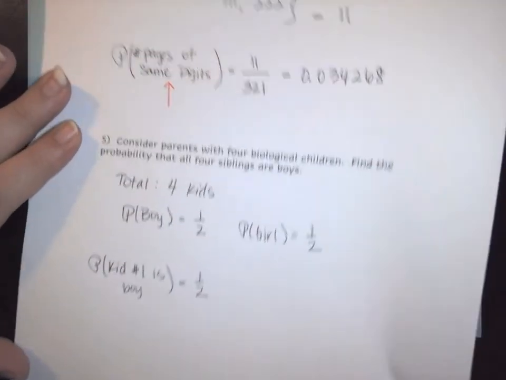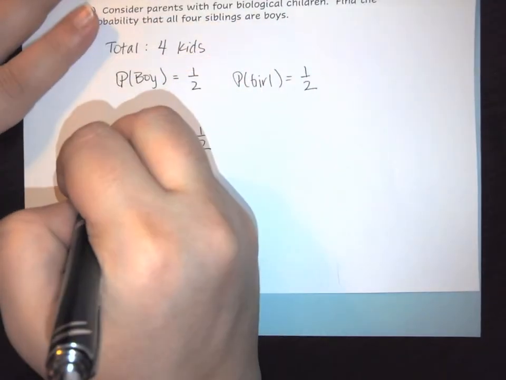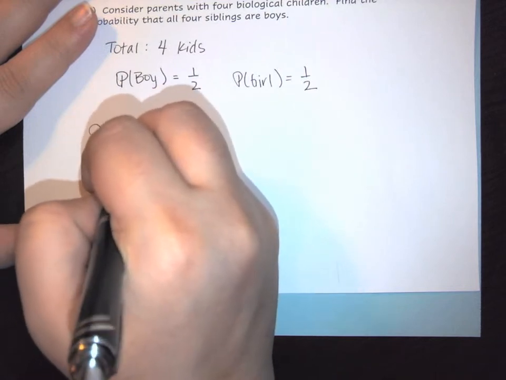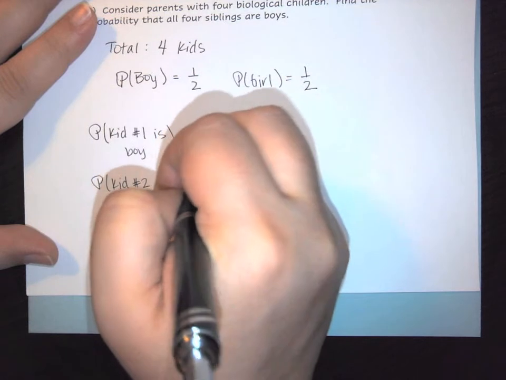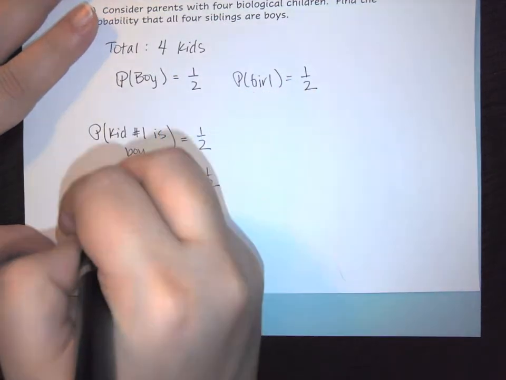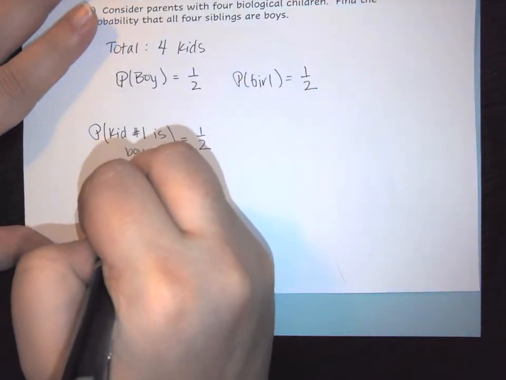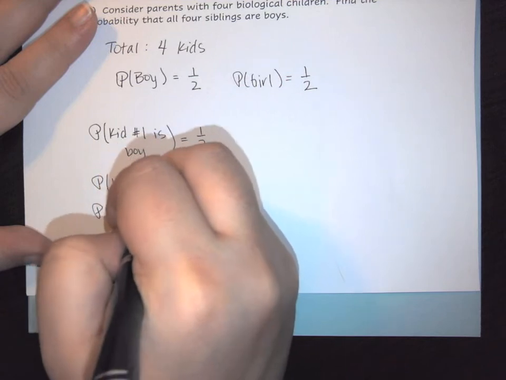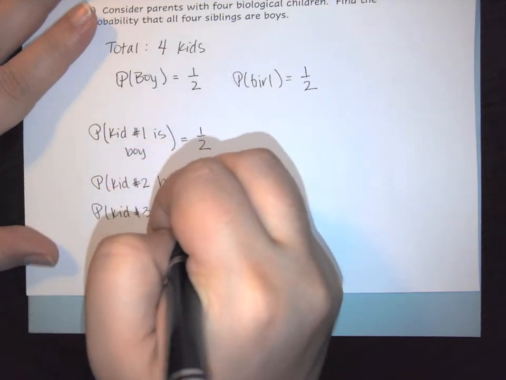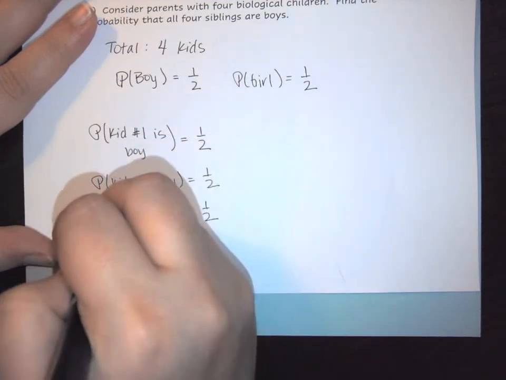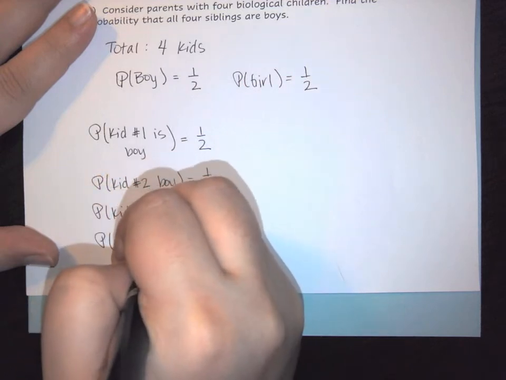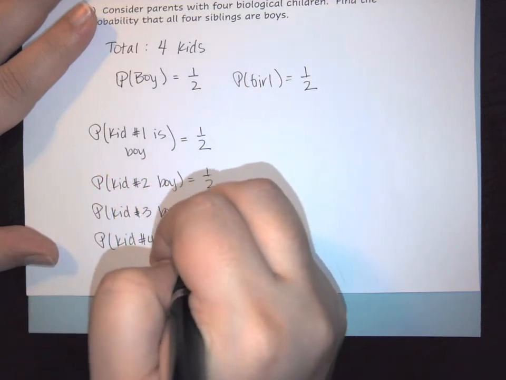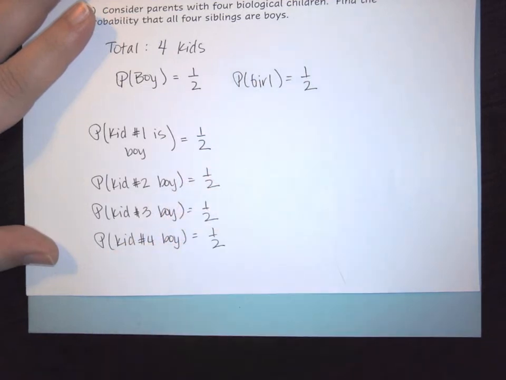The probability that kid number 2 is a boy is also going to be 1/2. The probability that kid number 3 is a boy is going to be 1/2. And the probability that kid number 4 is a boy is going to be 1/2.